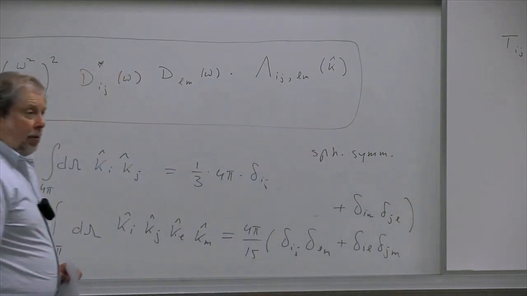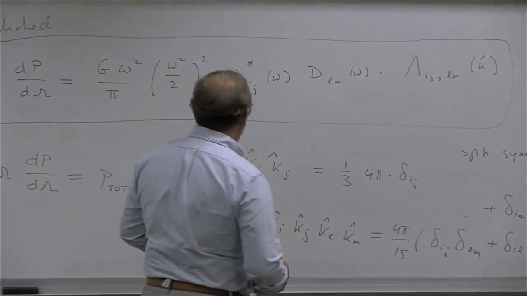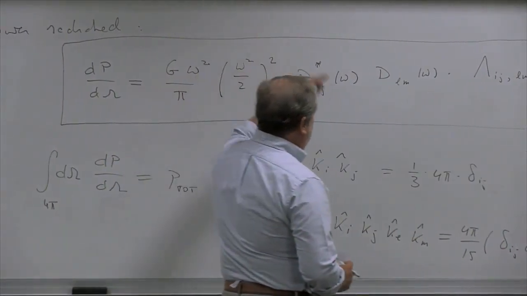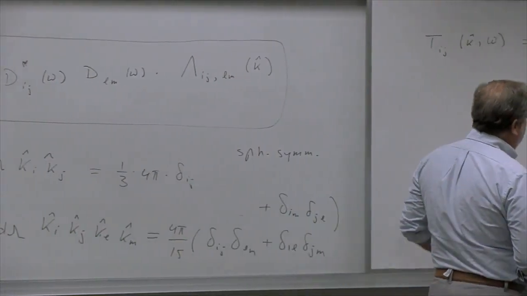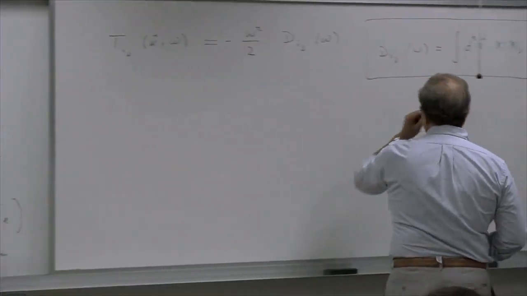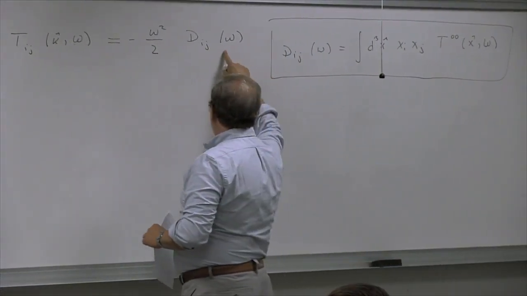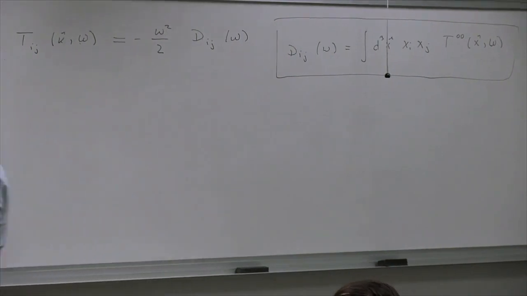Okay, so there's only three possibilities. All right, wonderful, which means that now you see all the agony in doing this integral has to do with the integral over lambda, because this part here does not depend on the direction, it just depends on omega.